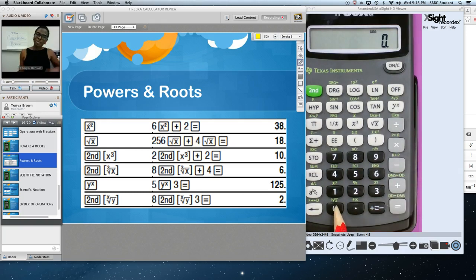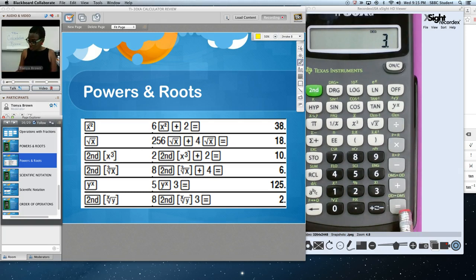So I want to take you backwards now. We did 3 to the third power is 27. So now let's see what the cube root of 27 is. So if we clear this out, I'm going to put 27 in. And then I'm going to hit the second key. And I'm going to hit the 0 because I want the cube root. And when I do that, I'm going to get 3.